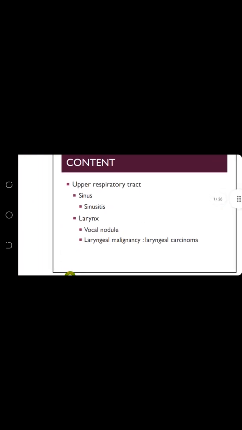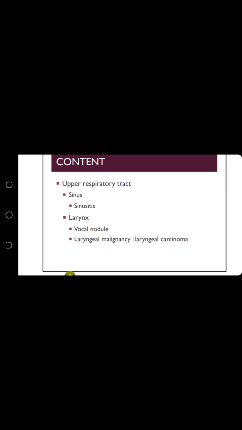Okay, so now let's look at the contents. Under the content, we'll look at the upper respiratory tract. We'll start with the sinuses, the sinusitis, as well as the larynx, the vocal nodules, the laryngeal malignancies, and the laryngeal carcinomas.